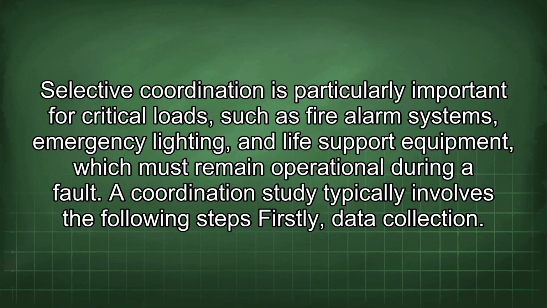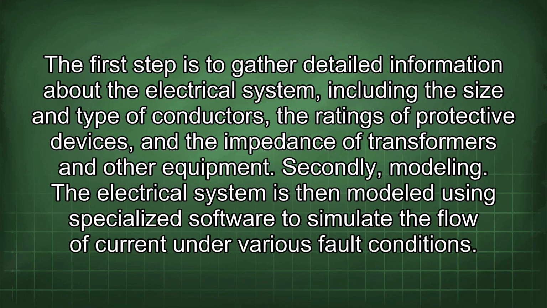Firstly, data collection. The first step is to gather detailed information about the electrical system, including the size and type of conductors, the ratings of protective devices, and the impedance of transformers and other equipment. Secondly, modeling. The electrical system is then modeled using specialized software to simulate the flow of current under various fault conditions.